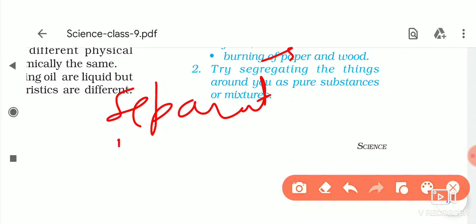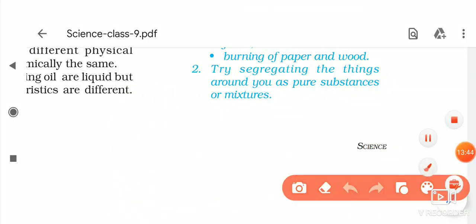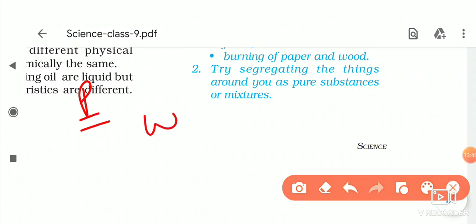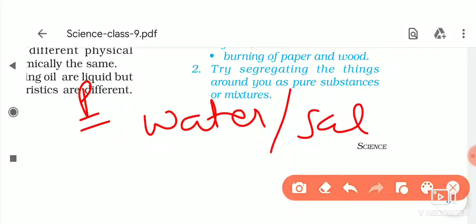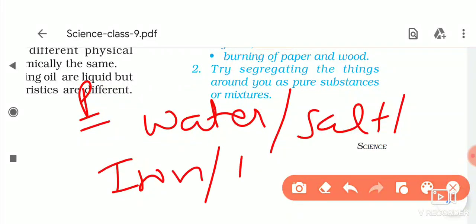I just have a few examples. Pure substance, for example water. Water is pure, salt is pure, iron is pure, diamond is pure. Many more examples you can write.